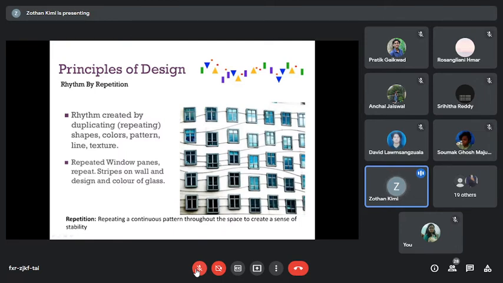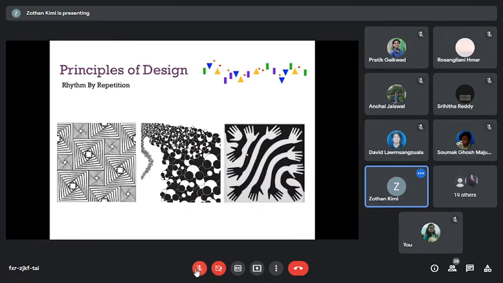All right, so this is a rhythm by repetition. The repeated use, repeating a continuous pattern through the space to create a sense of stability. So the way these windows are being replicated, they are alternated, replicated, alternated, replicated. So this is a rhythm by repetition. All right, so again, it's a repetition of the same elements.